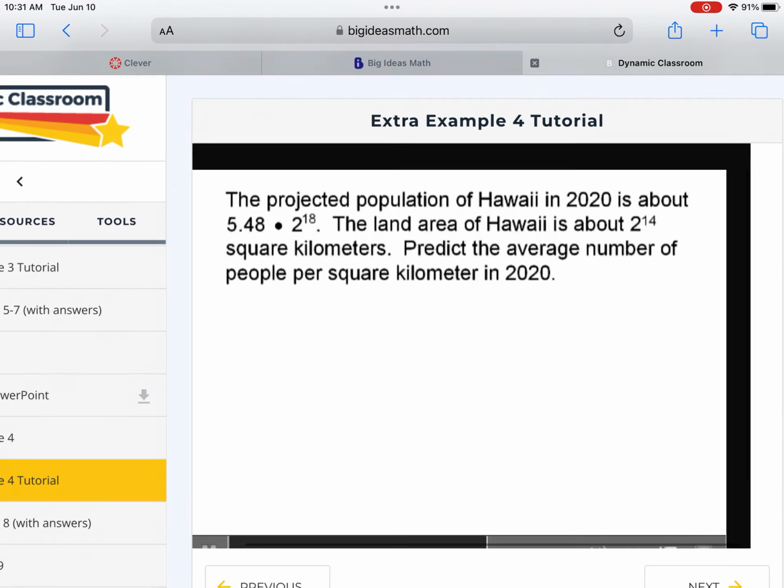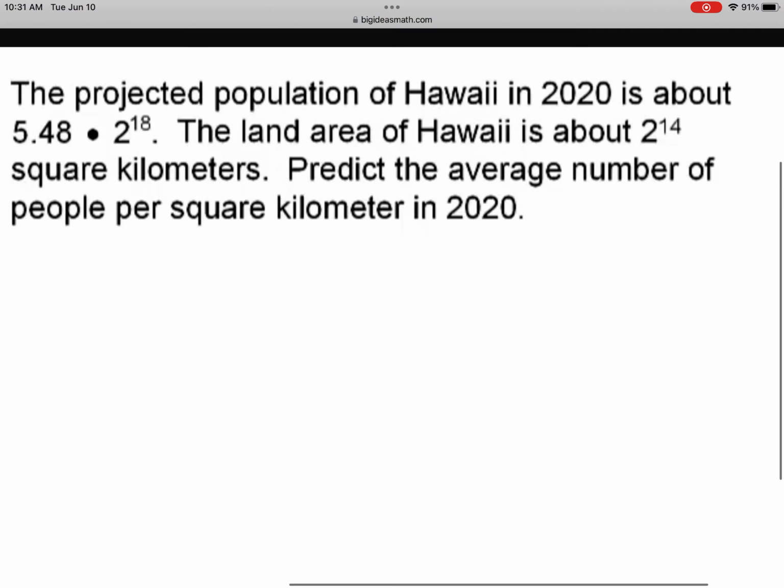The projected population of Hawaii in 2020 is about 5 48/100 times 2 to the 18th. The land area of Hawaii is about 2 to the 14th square kilometers. Predict the average number of people per square kilometer in 2020.